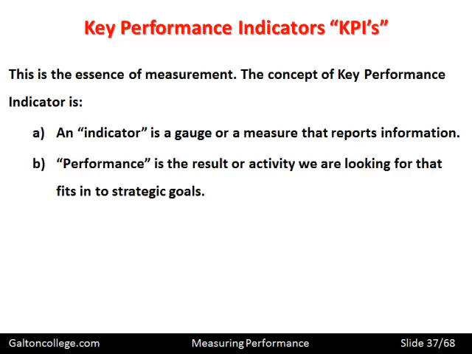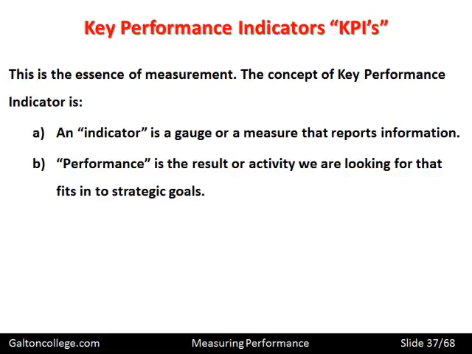Performance is the result or activity we are looking for that fits into strategic goals. So performance is, first of all, specified in the strategic goals, and then it's gauged or measured by the indicator. And in this way, management know if the strategic goals are being met or not being met.